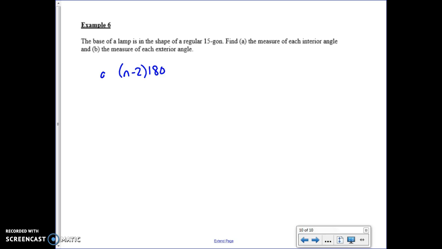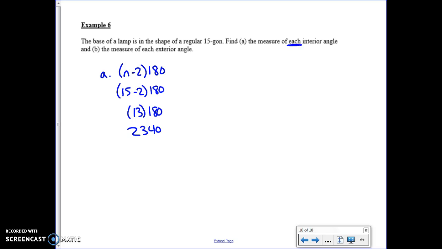So this was problem A. Well, the n value in this case is 15, so 15 minus 2 times 180. So I have 13 times 180. So 13 times 180 is 2,340. But what that just told me was the sum of the interior angles.